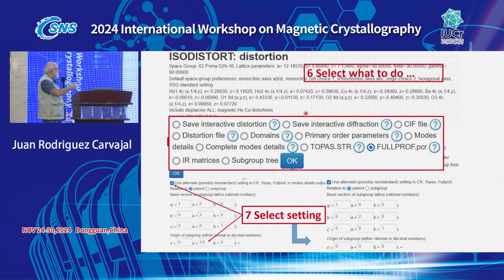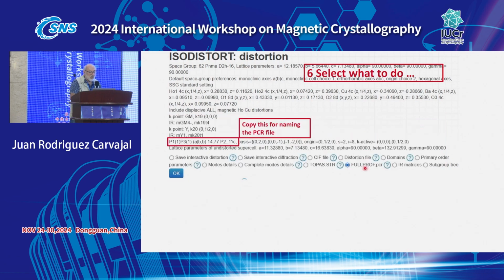I will show you the two cases, when I select the standard setting, because the standard setting, let me just go up a moment, is a monoclinic space group. In the monoclinic space group, the standard setting may be very complicated, because there are many possibilities. And then in that case, it's not so complicated, but well.